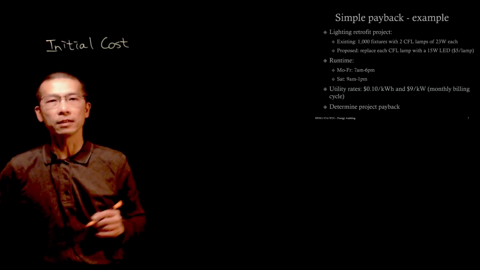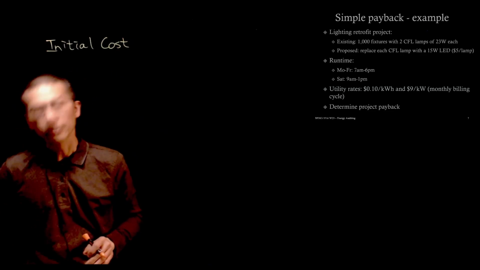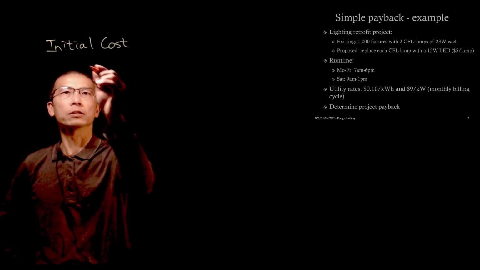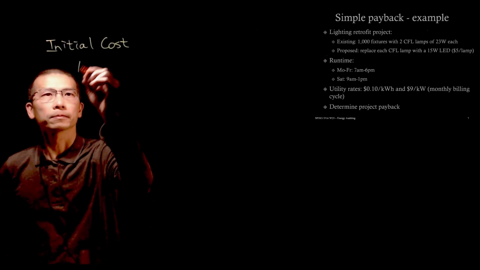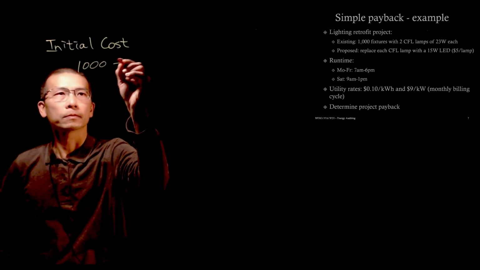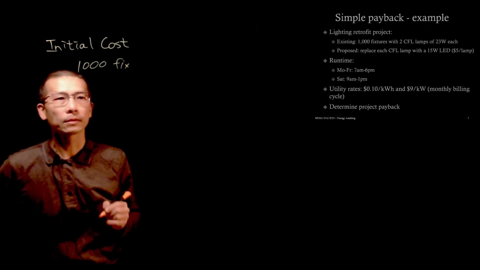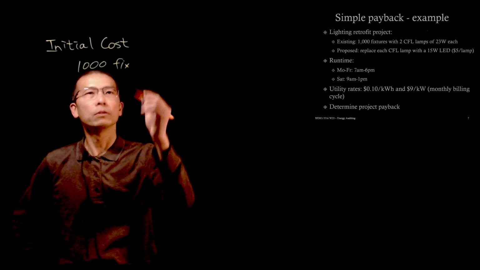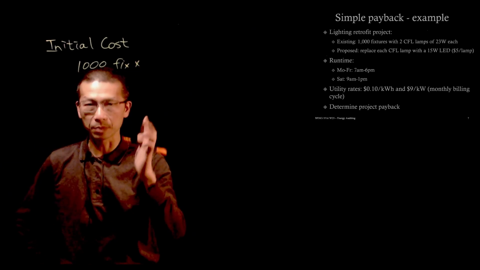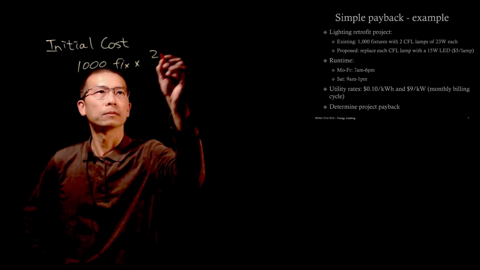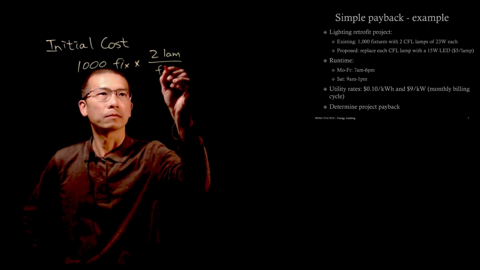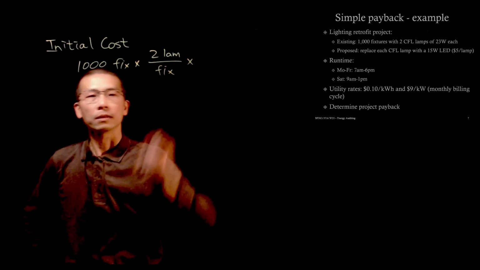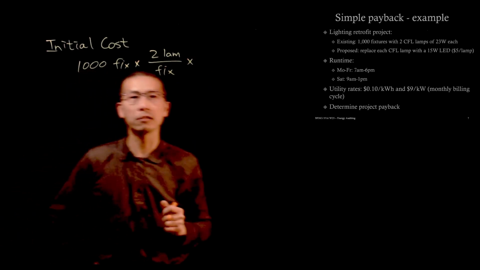How do we find the initial cost? Well, we have 1,000 fixtures, and 2 lamps per fixture, at $5 per lamp.